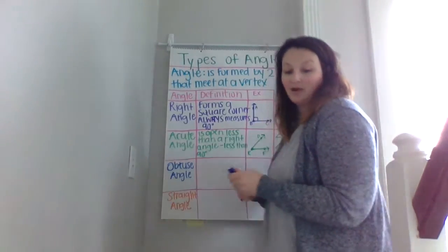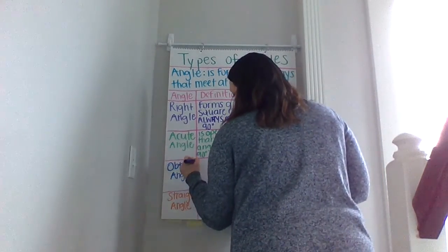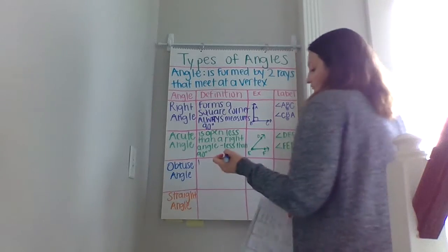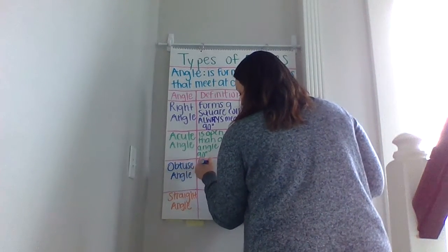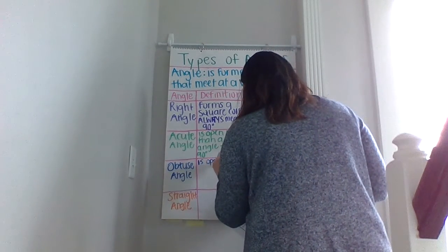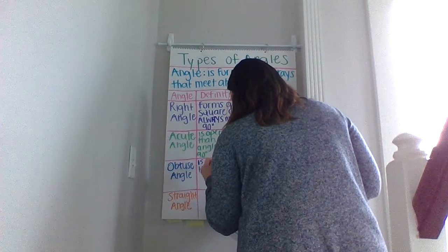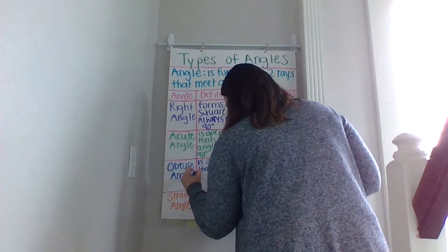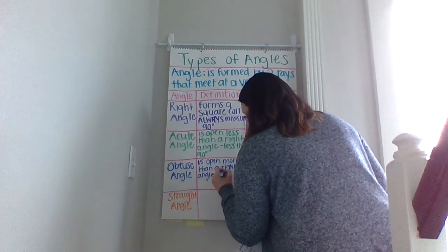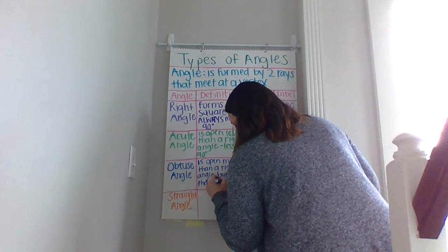Now let's look at an obtuse angle. An obtuse angle is open more than a right angle, but less than a straight angle.